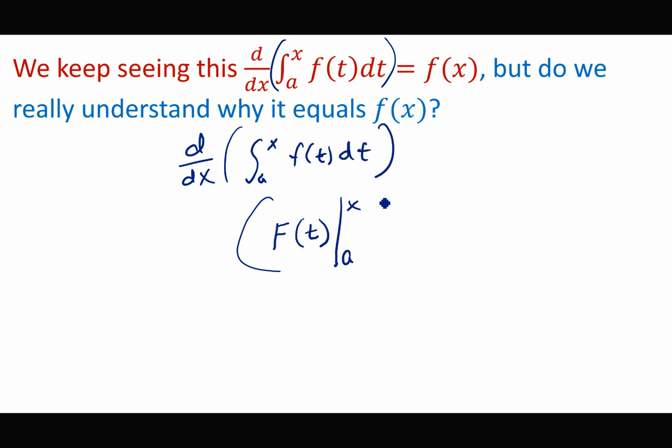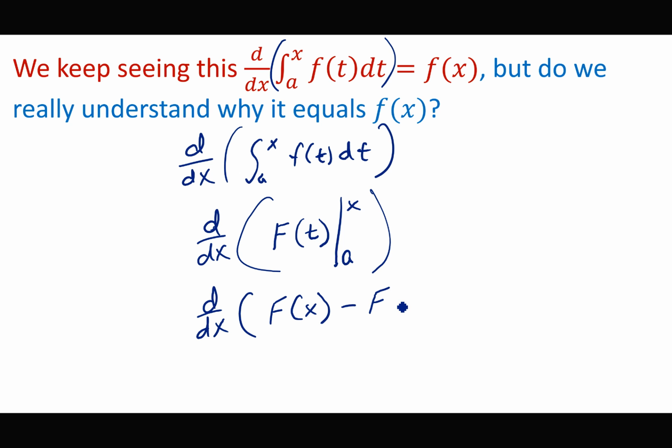But again, we're taking the derivative of all of that. This is going to get into part 2 of the fundamental theorem of calculus, but we can use this. We talked about this the other day. It'd be capital F of x minus capital F of a. So we know how to evaluate our antiderivative with the bounds.